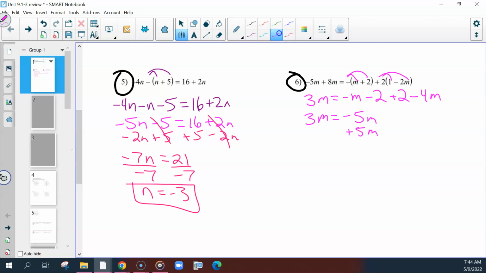Either add 5m to the other side or subtract 3m to both sides. But we end up with 8m, and this side would just cancel. What we could not do is divide, because that wouldn't get m by itself.